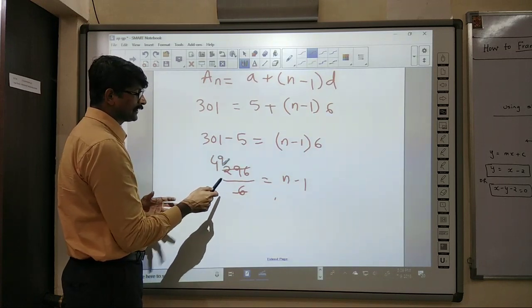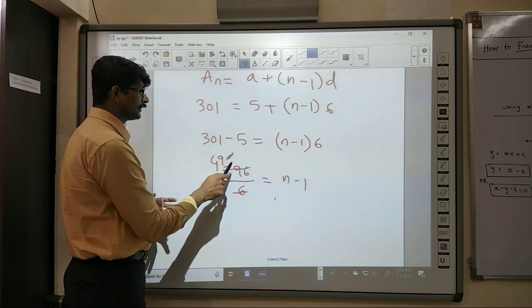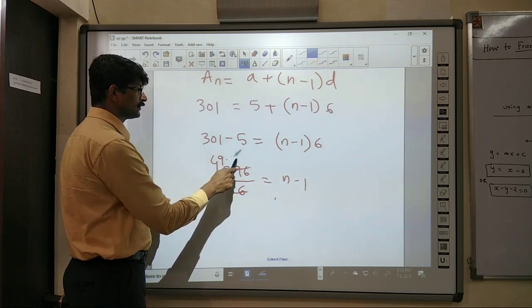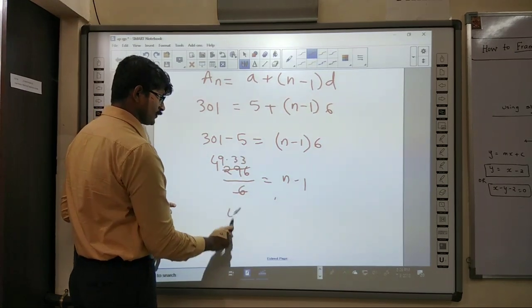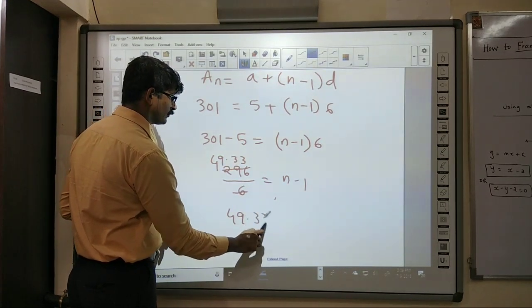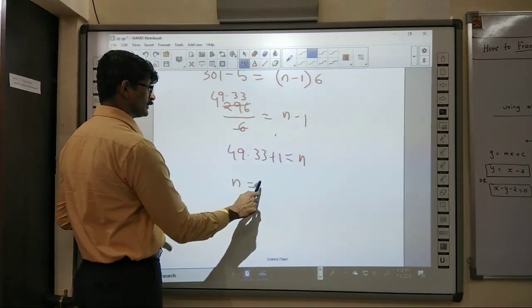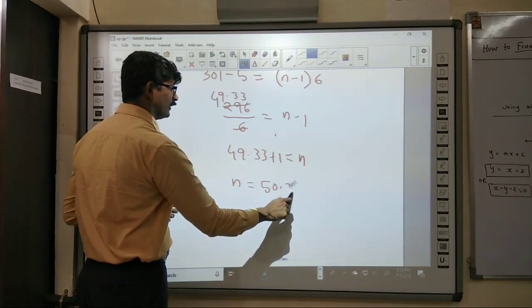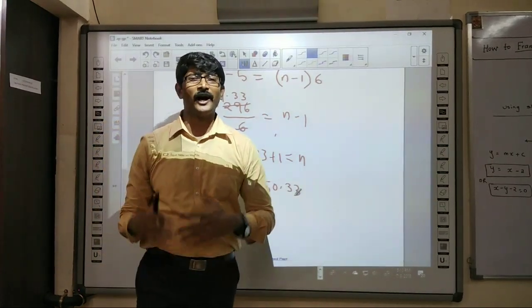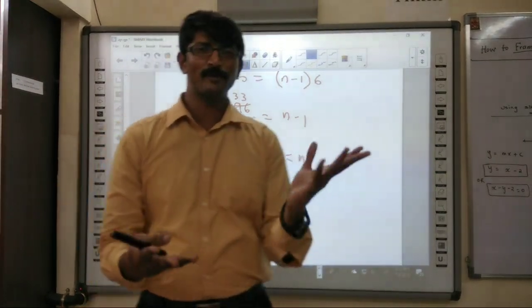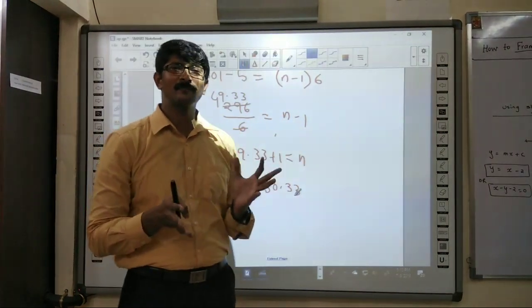So we are getting some fraction number over here, and then 2 by 6, which is 1 by 3, which is 0.33. So 49.33 plus 1 is 50.33. So here students, we got n equals 50.33. Now you tell me, how can the number of terms be 50.33? Is that possible?